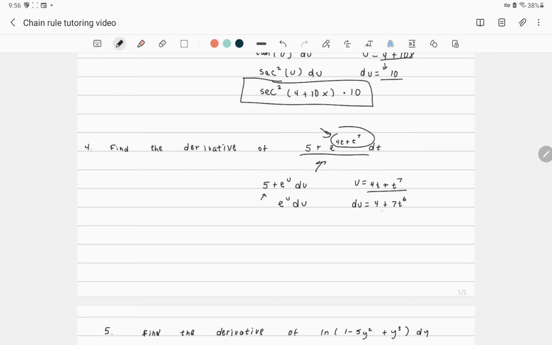All you have to do is plug this in where u is, plug this in where du is. So e to the 4t plus t to the 7th times 4 plus 7t to the 6th is your final answer.